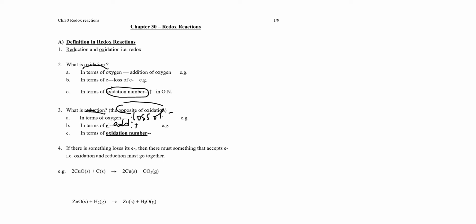And then for electrons, it should be addition of electrons. In terms of oxidation number, whenever there is a decrease in oxidation number, we define it as reduction.